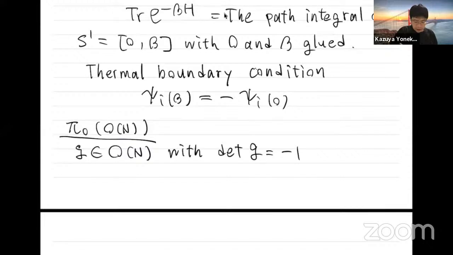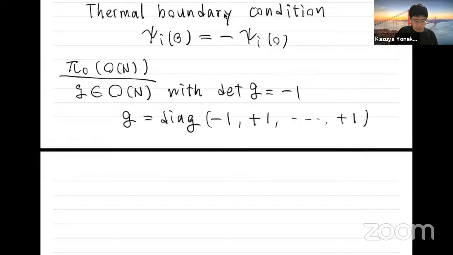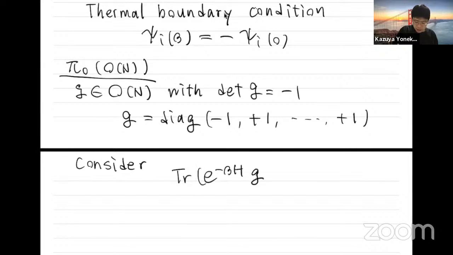Or more explicitly, I can just take this G to be the following diagonal matrix, a diagonal matrix with entries -1 and +1 to +1. So let's take this explicit matrix. And then let's consider the partition function which is twisted by this element.